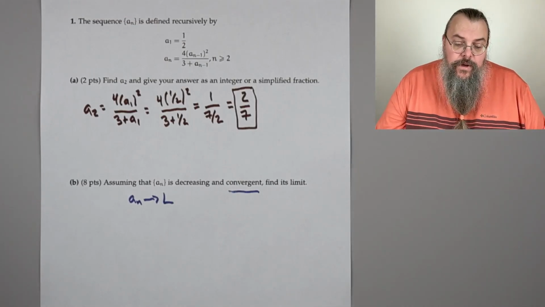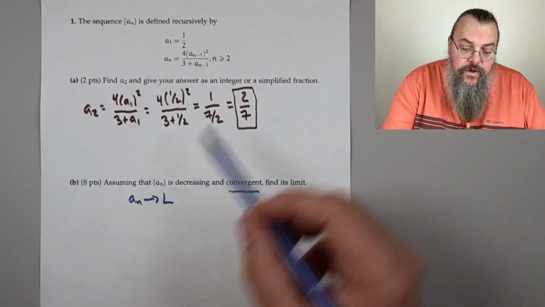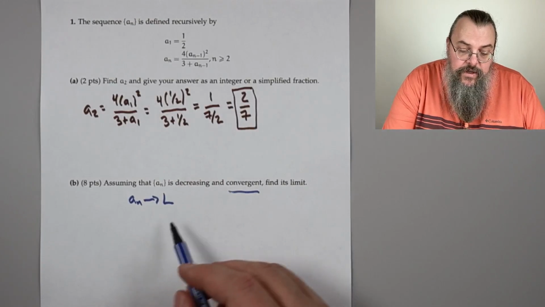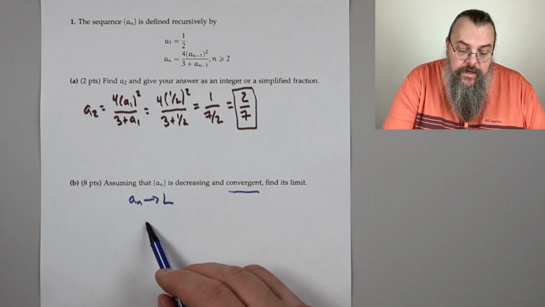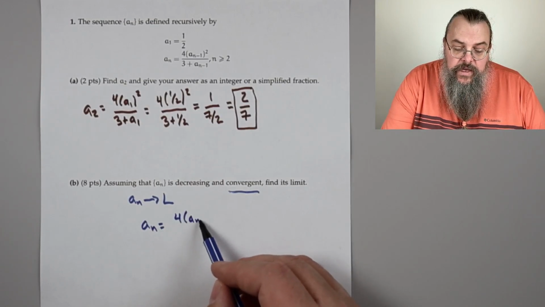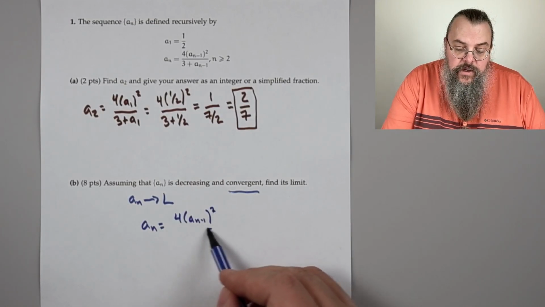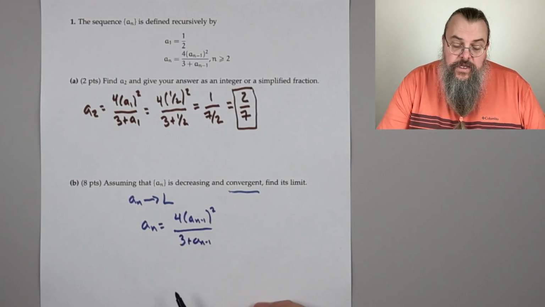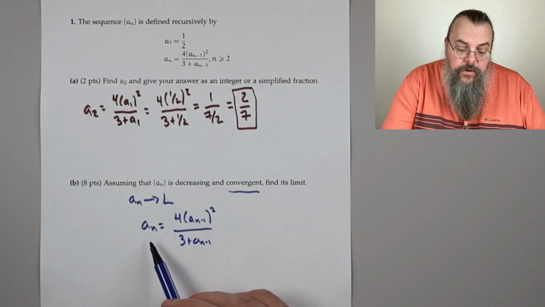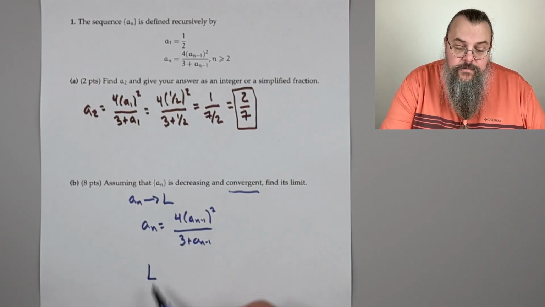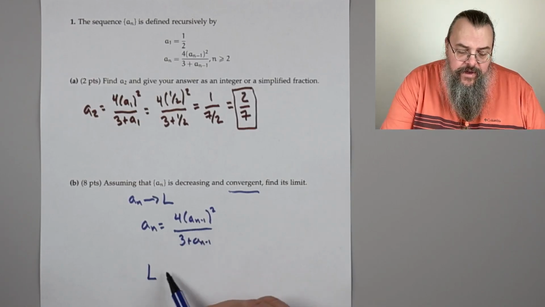All right, well, what can we do from our recurrence to find what L is? Well, we can start and say, let's look at AN equals 4 AN minus 1 squared over 3 plus AN minus 1. Now that left side is going to L. What about the right side?